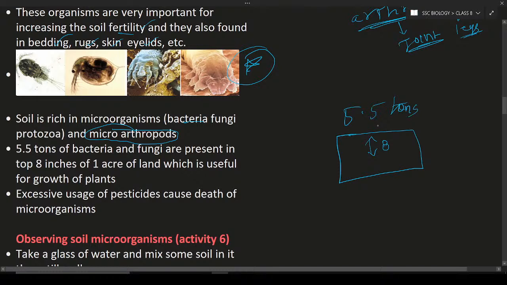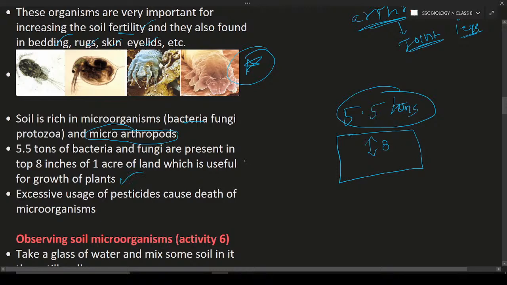Such a huge amount of bacteria or microorganisms is useful for plant growth. Plants can grow better in these conditions.